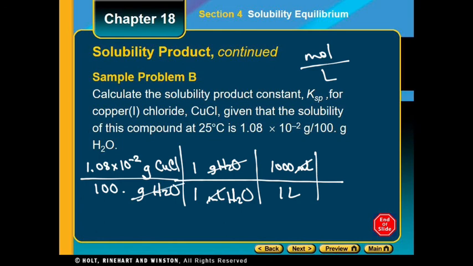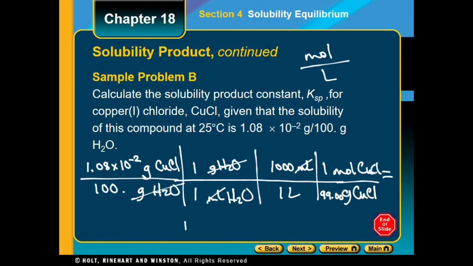Now, to get grams of copper chloride to moles, I put grams of copper chloride right down here, based off 1 mole. I would go to my periodic table and find the mass of copper chloride. There's 1 atom of each, and that is 99 grams that you would calculate there.